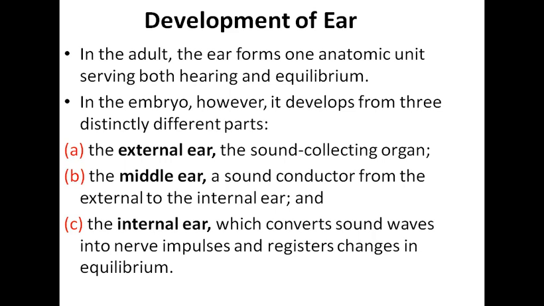The middle ear is a sound conductor from the external ear to the more deep tissues of the ear, that is from the external ear to the internal ear, right? And the internal ear converts those collected sound waves into nerve impulses and registers changes in the equilibrium or balance, right?